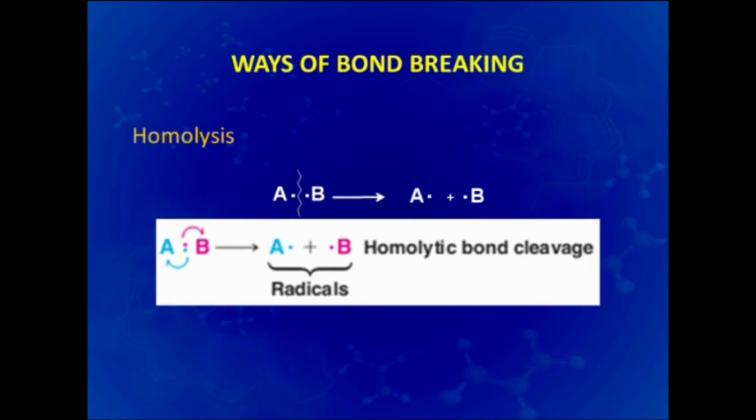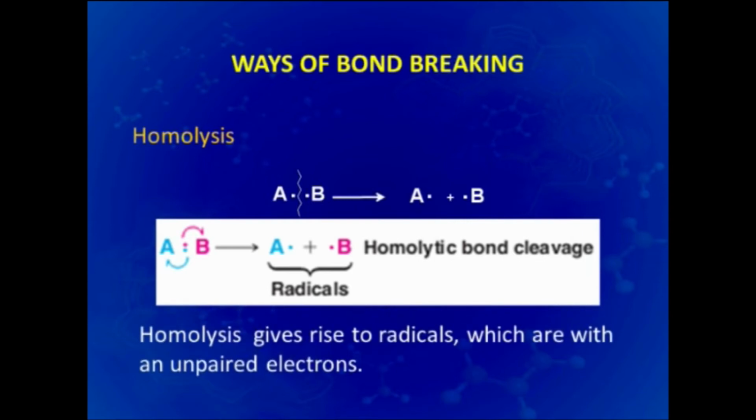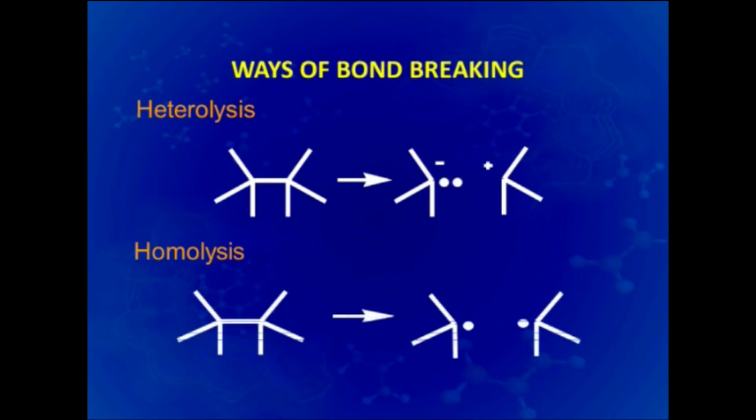Therefore, homolysis gives rise to radicals, which have an unpaired electron. The ways of bond breaking can be depicted in this manner also. It helps you learn better that heterolysis gives rise to two ions and homolysis gives rise to two radicals, as shown in this graphic.